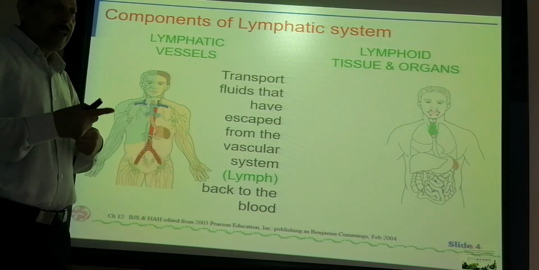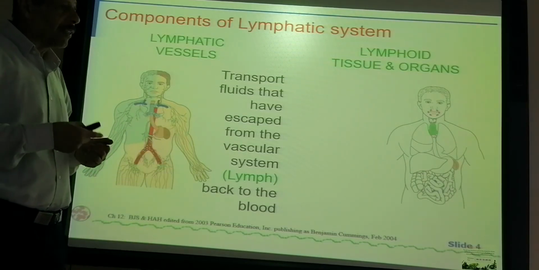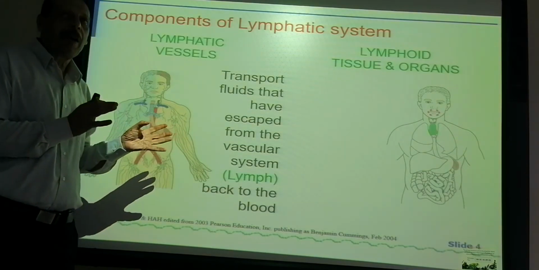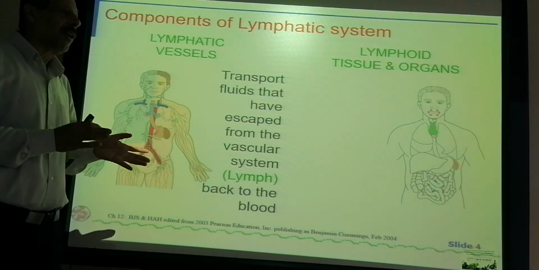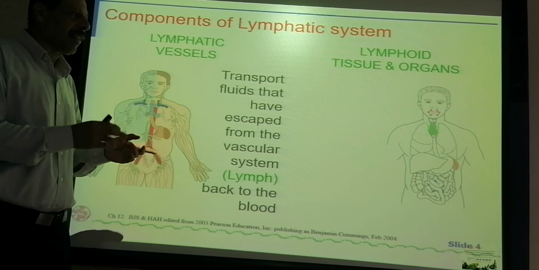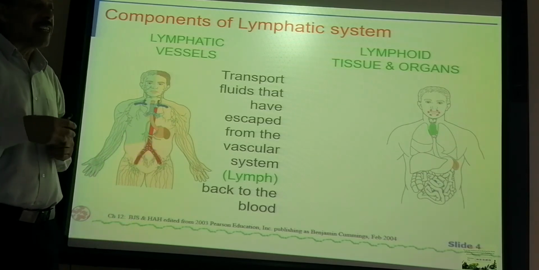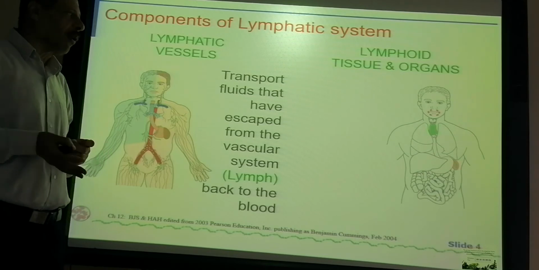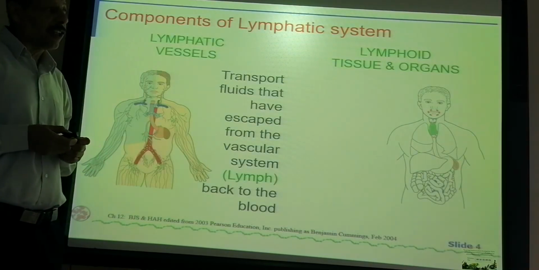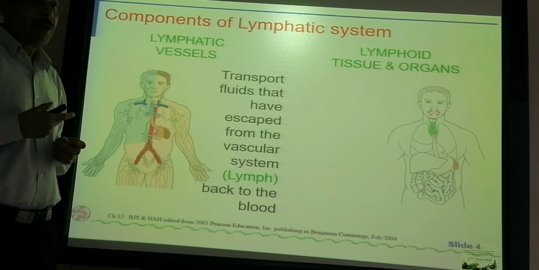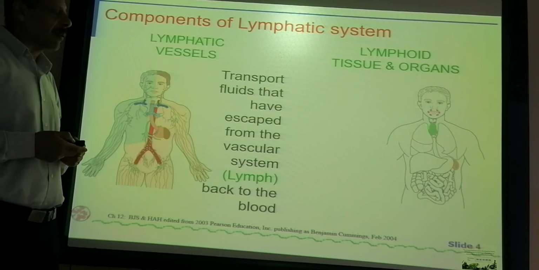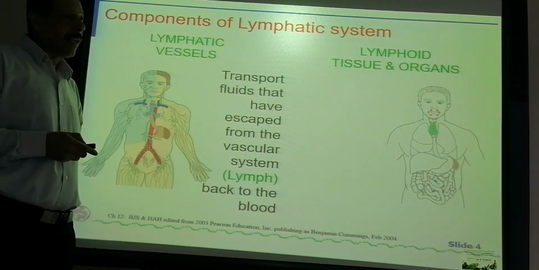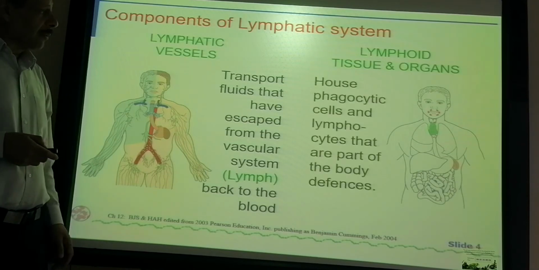This happens after it is filtered and checked for the presence of any pathogens or anything that is considered an antigen, which will be prevented from going back to the circulation, and it will be trapped, or it might be attacked by the immune system.